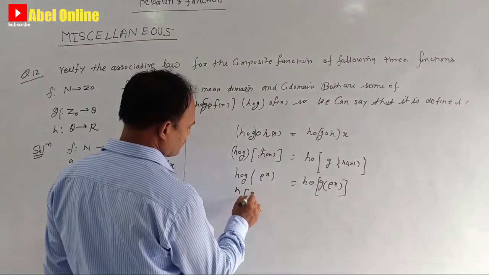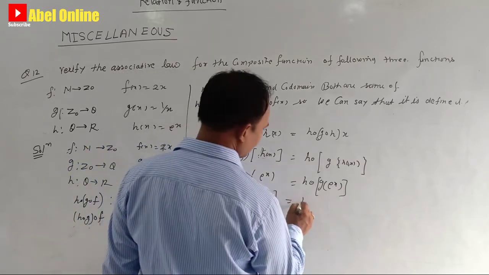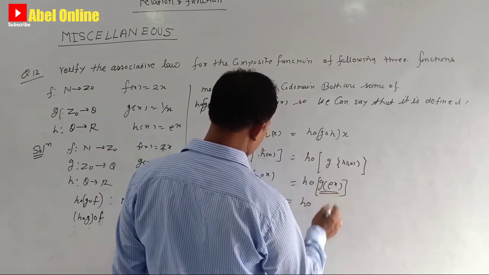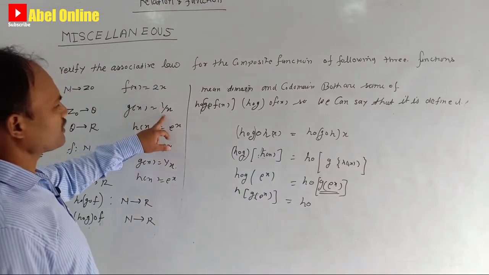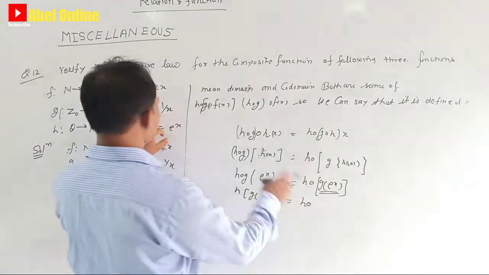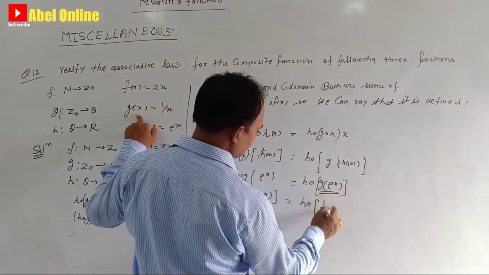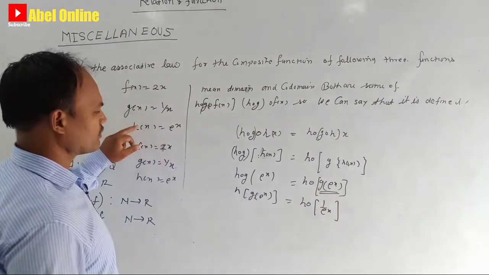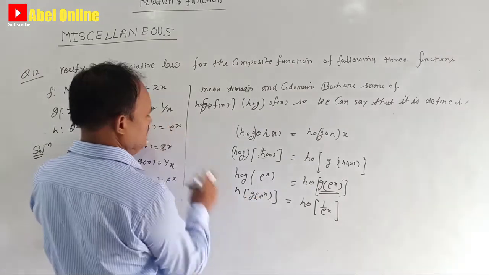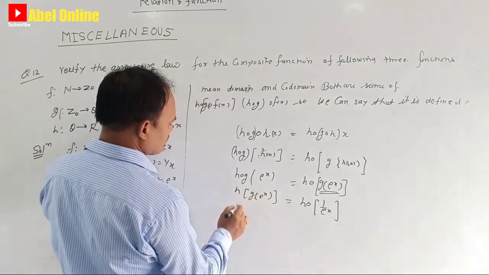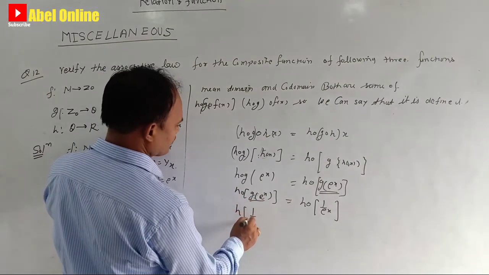It means h(g(x)). What is the value of g of e to the power x? It means 1 upon x, so if we write e to the power 1 upon x, it is 1 upon e to the power x. Here it is also the same: h and g of e to the power x means 1 upon e to the power x.